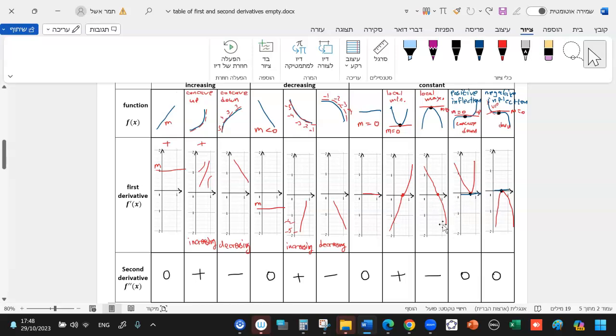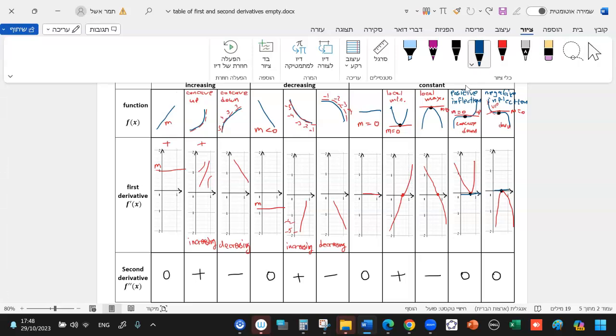So if we know that the first derivative is 0, we know that we have either minimum or maximum, they are called turning points, or inflection points. How do we differ between turning points and inflection points? We will use the second derivative.